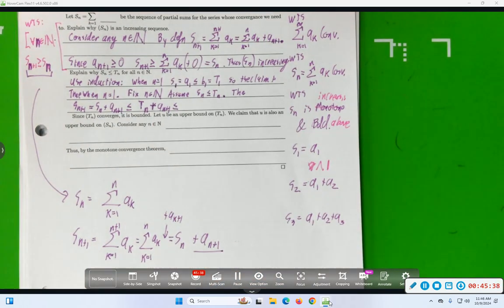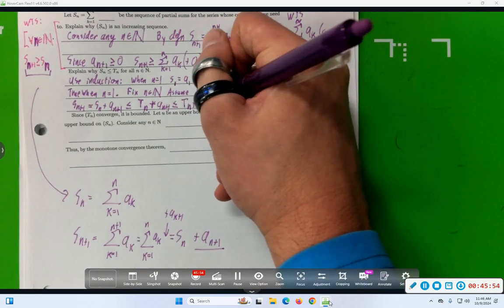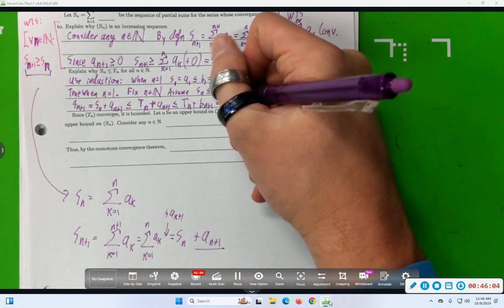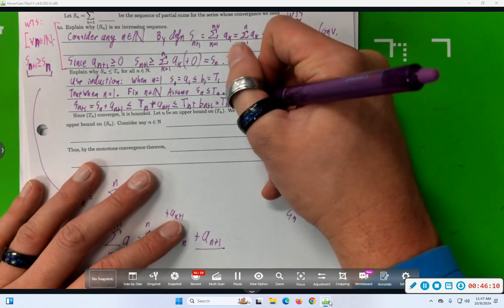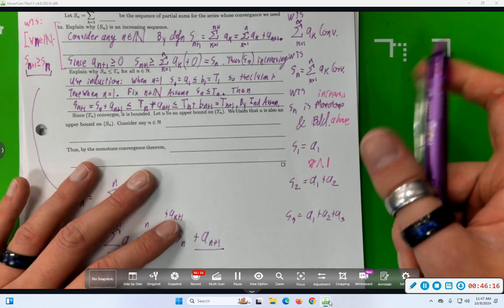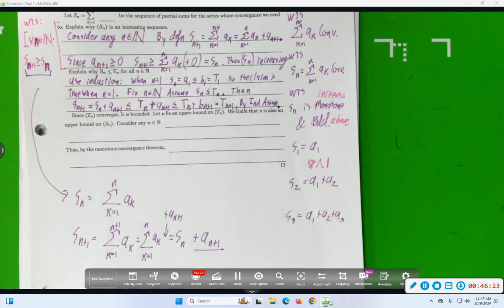What else do I know? That An plus 1 is at most Bn plus 1. Good. And what's all that equal to? Nice. And maybe we can put a closing sentence then, by the inductive assumption. And that's basically good enough. I don't have space to go on.